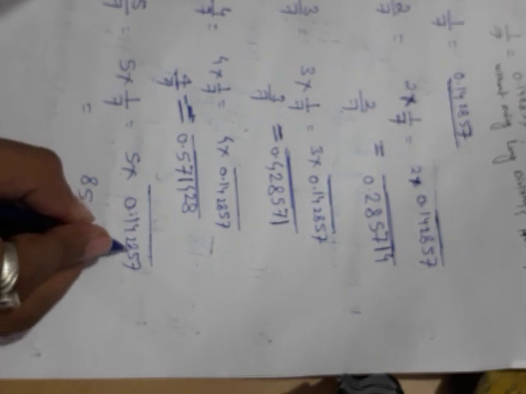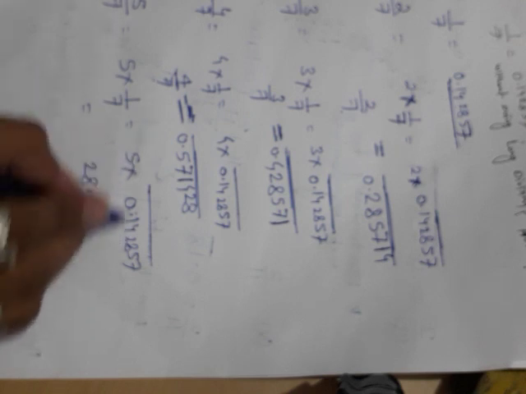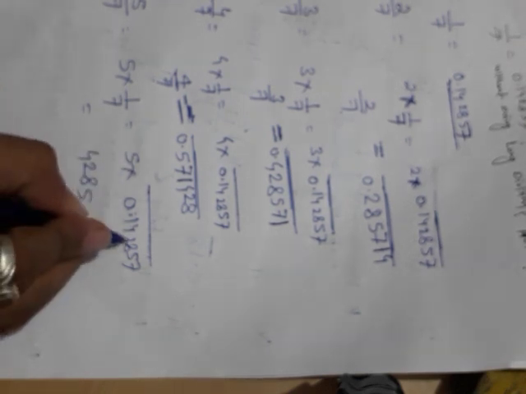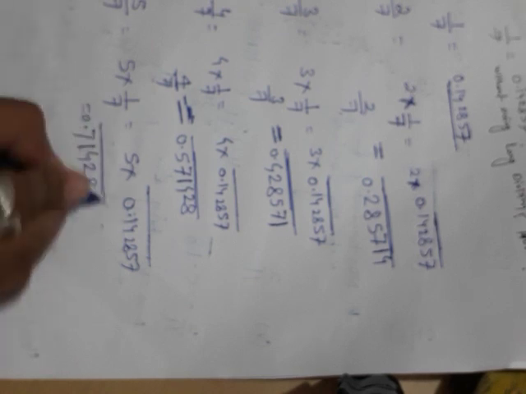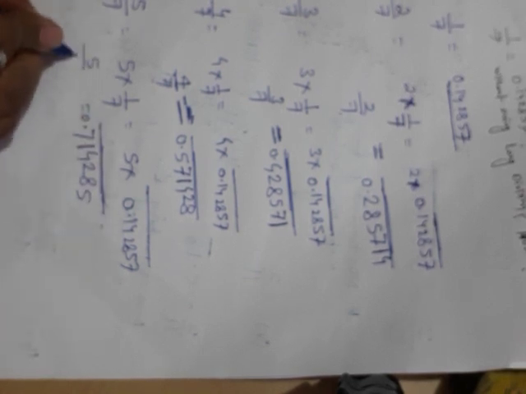So you get 5 7s are 35, carry is 3, then 28, carry is 2, 42, carry is 4, 5 2s are 10, 14, carry is 1, and then 7. So put a bar over 0.714285. This is the value of 5 upon 7.